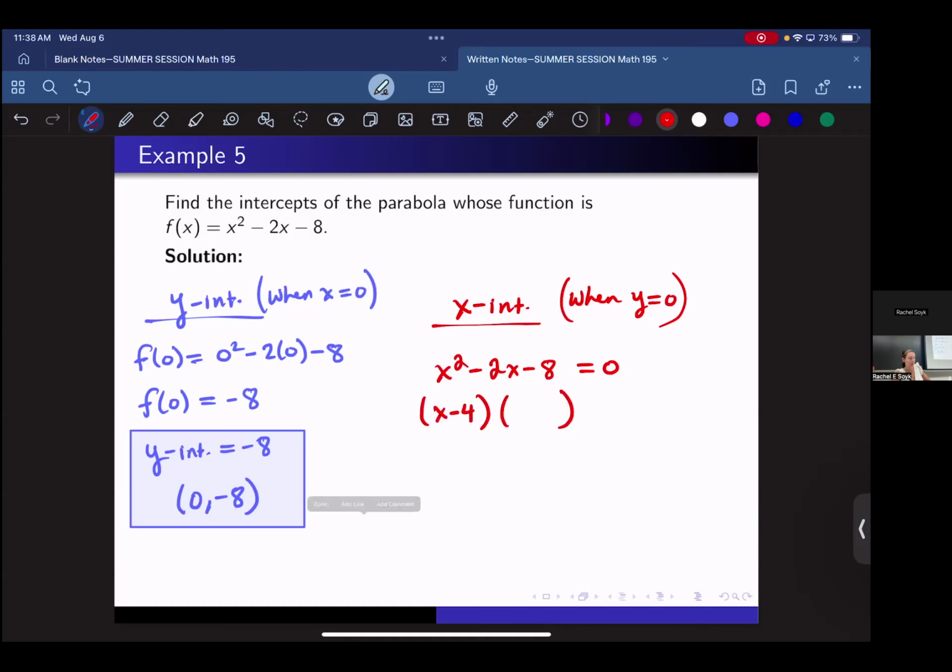Can factor it into x minus 4 and x plus 2. And then that will give us our x-intercepts when we set those equal to 0. We get x is equal to both -2 and +4. These are our x-intercepts, which means in coordinate form, this is -2, 0, and 4, 0. And then we're done.